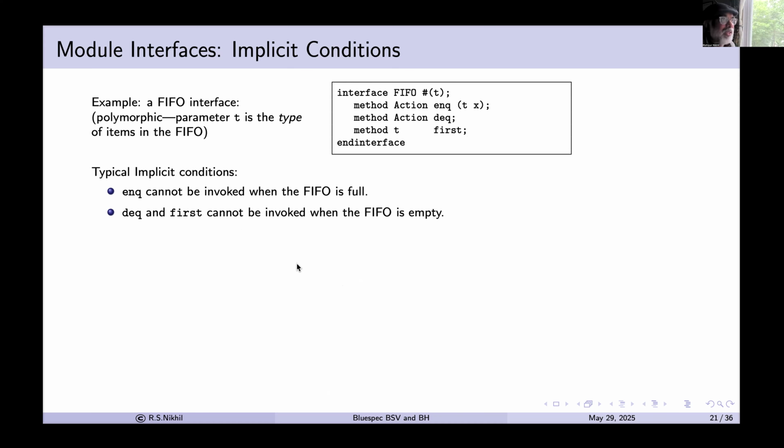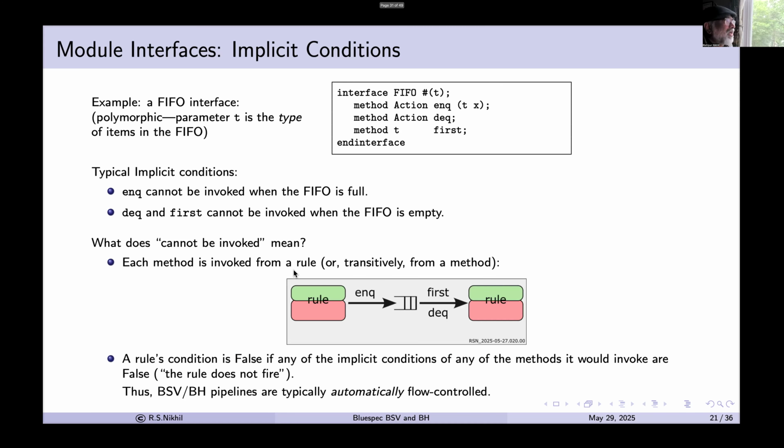You can't enqueue anything more into it when it's full. Similarly, DQ and first should not be invocable when the FIFO is empty. There should be something in the FIFO before you can look at the first or DQ it from the FIFO. So what does cannot be invoked mean? That's an English phrase I'm using.